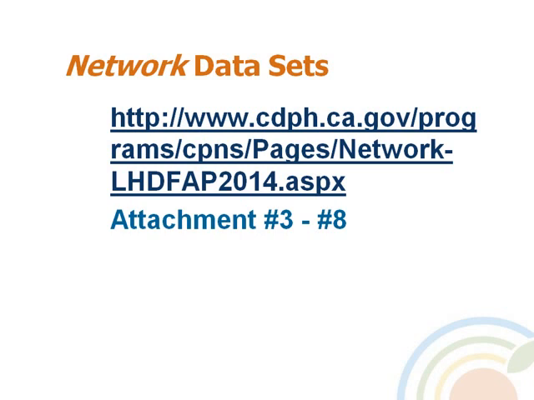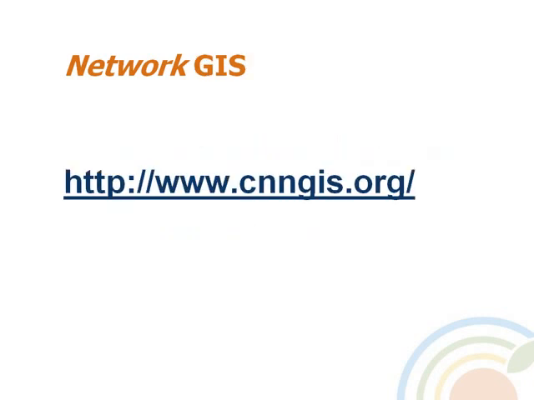Another way you can check whether or not the farmers market is in a qualifying location is to use the Geographic Information System, or GIS, web link that can be used by all local agencies to qualify a specific site. And that web link is www.cnngis.org.